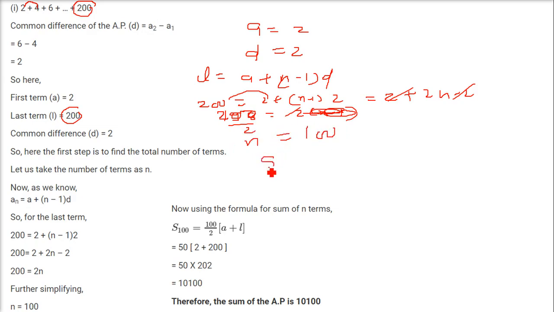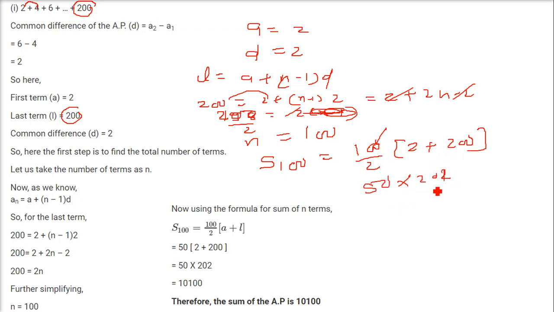Now we can directly use the formula S100, n by 2 into a plus l. A is the first term, 2. What is the last term? 200. So 100 by 2 is 50, and 200 plus 2 is 202. If you multiply, it is going to be 10100.